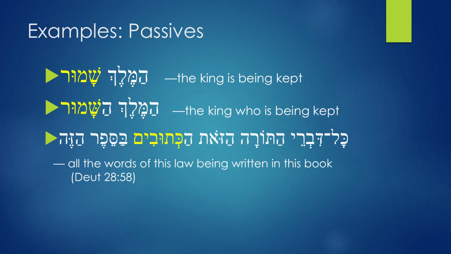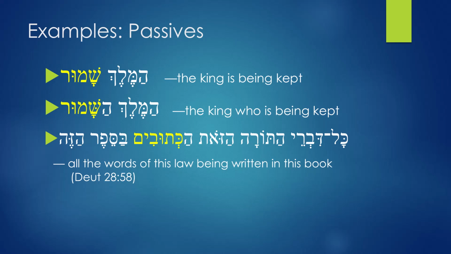Notice the first one, we don't have a definite article on the participle shamur. This one has the definite article, ha, hashamur. The first one was reading, the king is being kept. This one, with the participle, is going to be the king who is being kept.